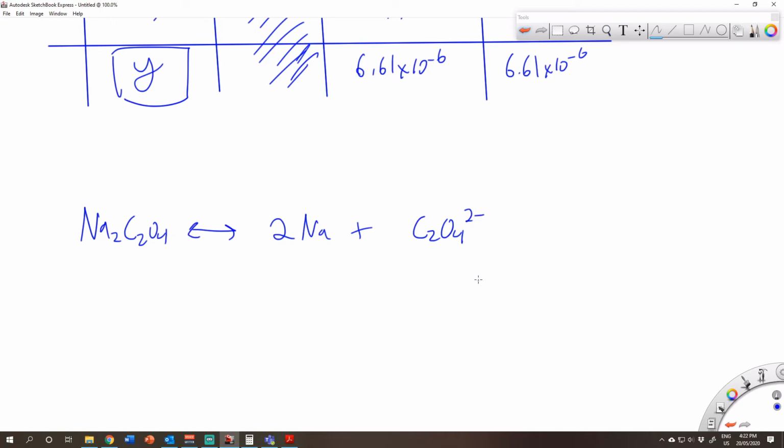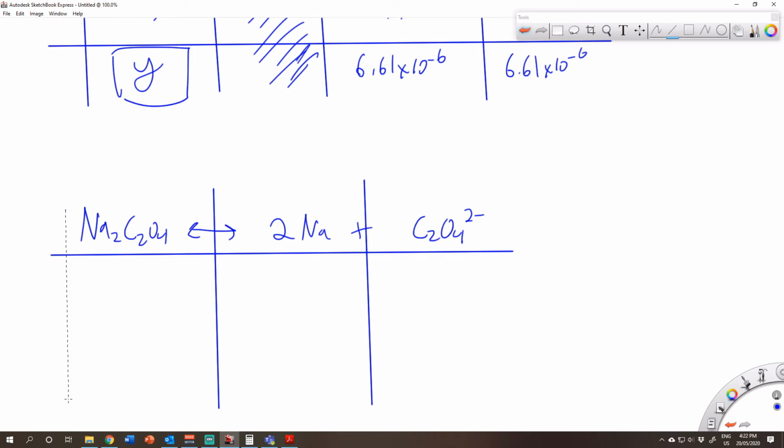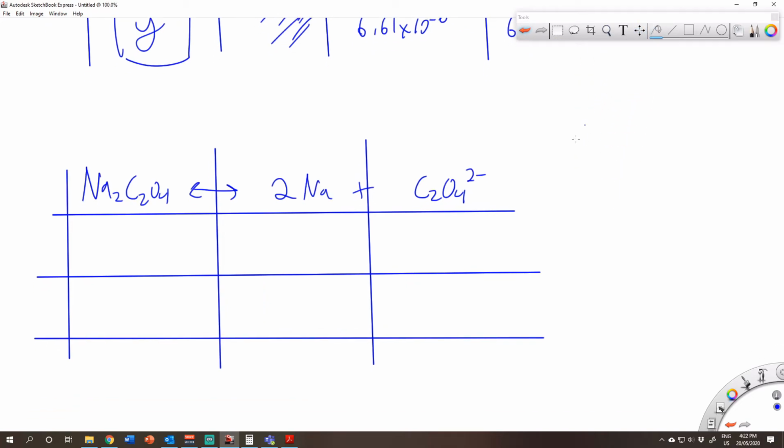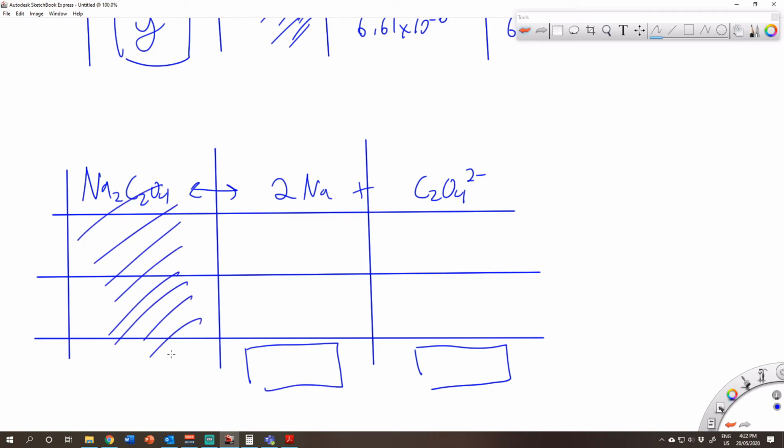This will be an equilibrium because it tells us it's a KSP. And in order to calculate the KSP, we are going to need the concentration of C2O4. So we're going to need this amount, and we're going to need this amount, and this amount doesn't matter because that's solid.